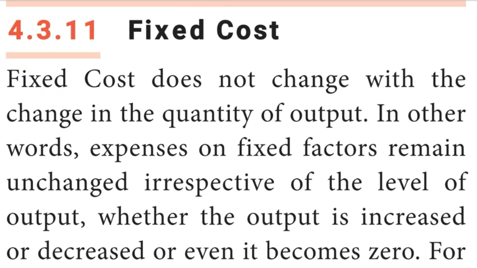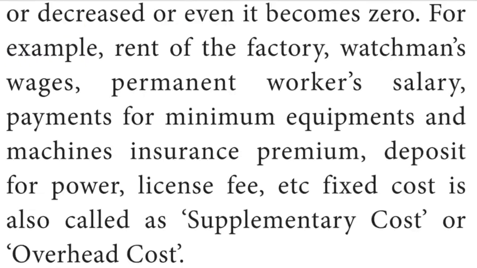In other words, expenses on fixed factors remain unchanged irrespective of level of output, whether the output is increased or decreased or even becomes zero. For example, rent of the factory, watchman wages, permanent worker salary, payment for minimum equipment and machines, insurance premium, deposit for power, license fee, etc. Fixed cost is also called supplementary cost or overhead cost.